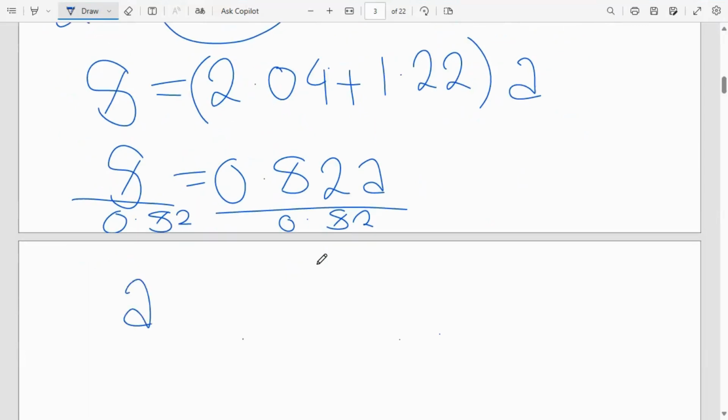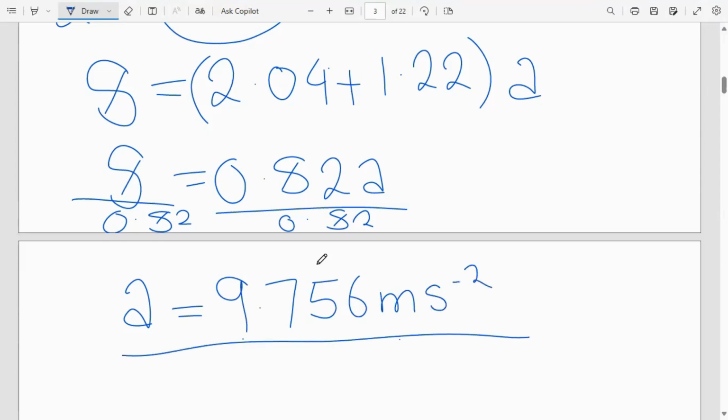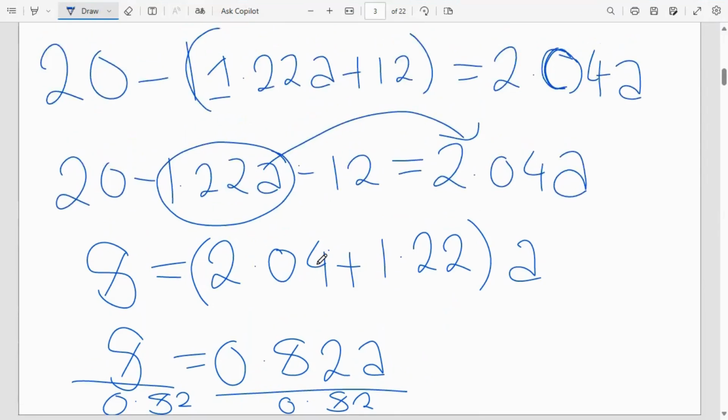We're getting our acceleration is equal to 8 divided by 0.82. I'm getting my acceleration as 9.756 meters per second squared. So that is the acceleration of the system.